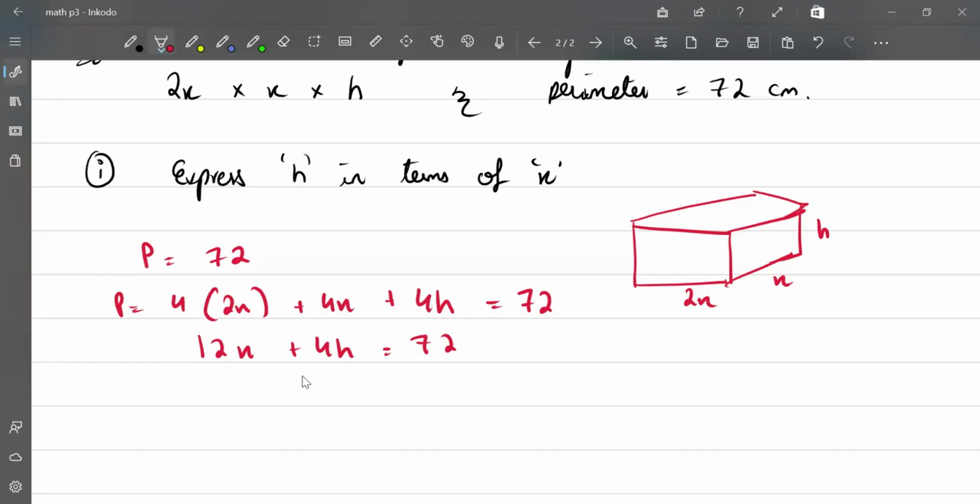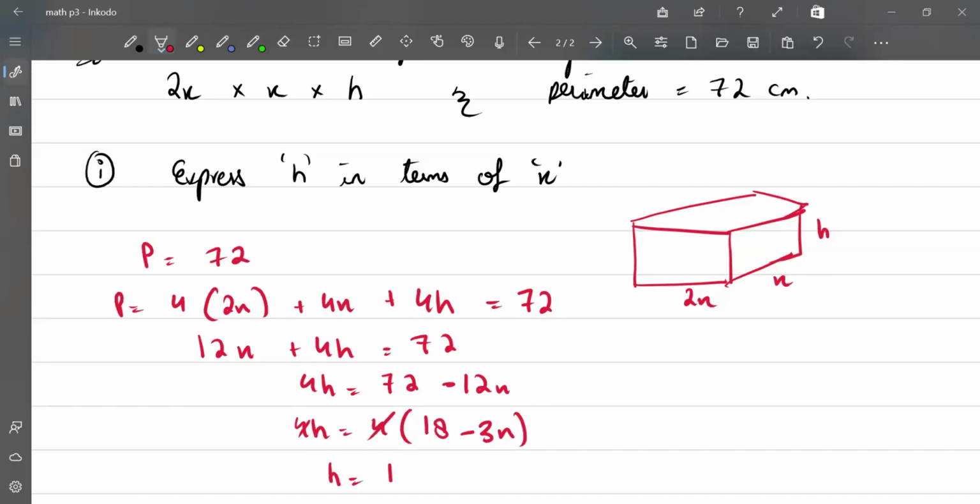So just play around with this equation. 4h is equal to 72 minus 12x. If we simplify this equation, 4h is equal to 4 times (18 minus 3x).